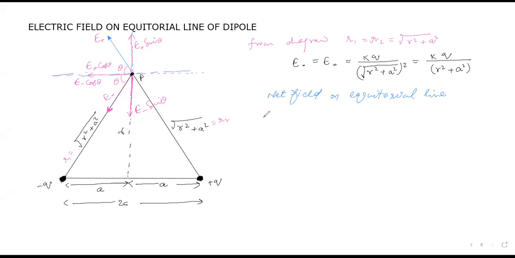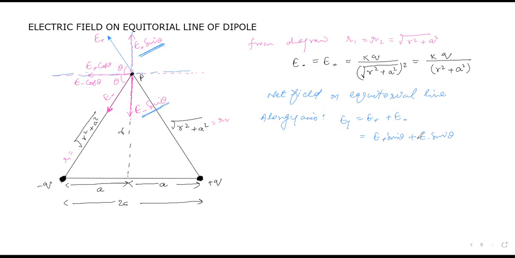So what will be the field along the y-axis? Ey is equal to E plus minus E minus. E plus sine theta due to E plus, and E minus sine theta due to E minus.